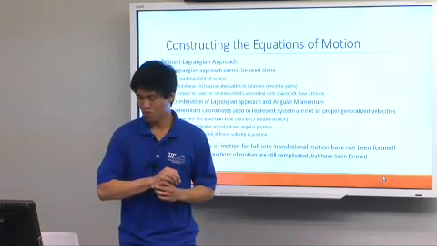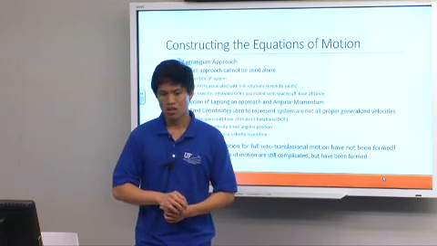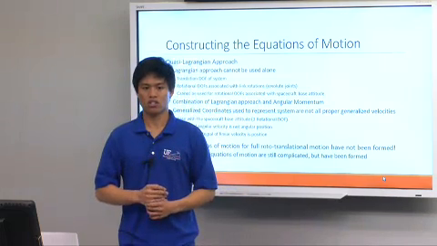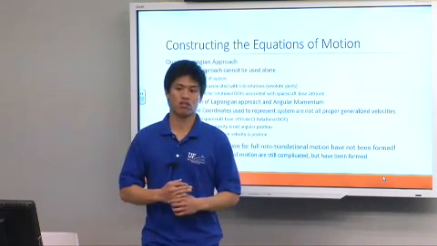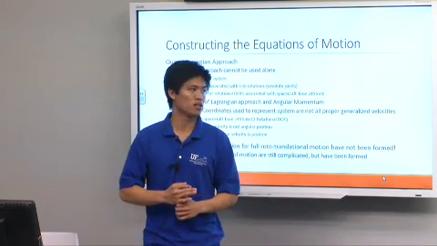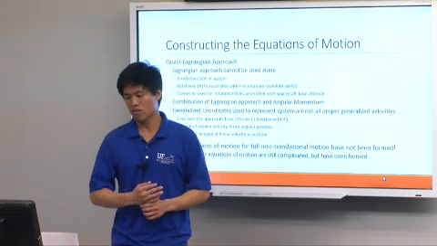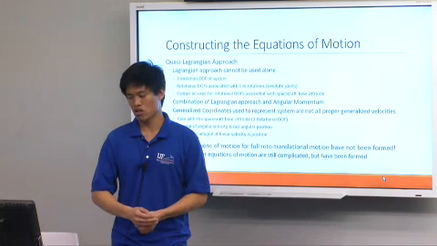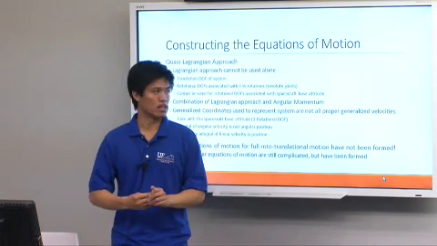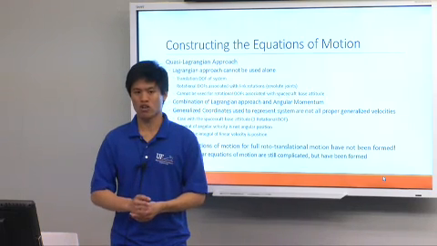So, constructing the equations of motion. They use something called a quasi-Lagrangian approach, which means part of the equations of motion are derived using Lagrange's equations, and the other parts aren't. So for the translational degrees of freedom of the system, we can use the Lagrangian approach. They're linearly independent, and they're proper generalized velocities.